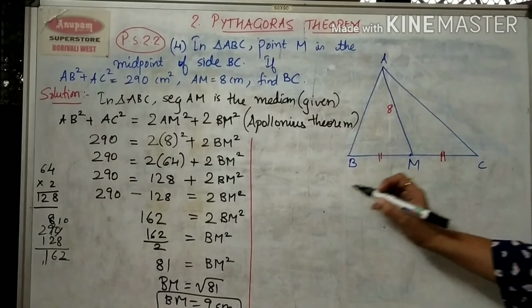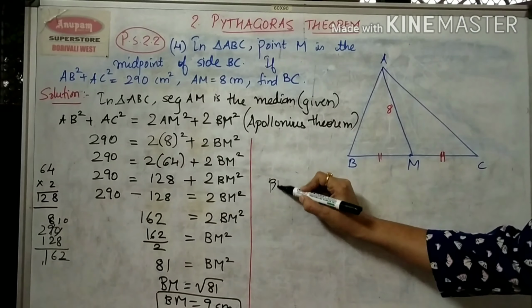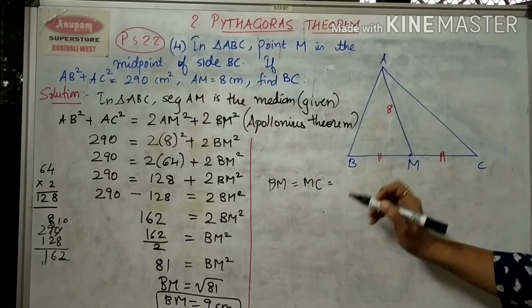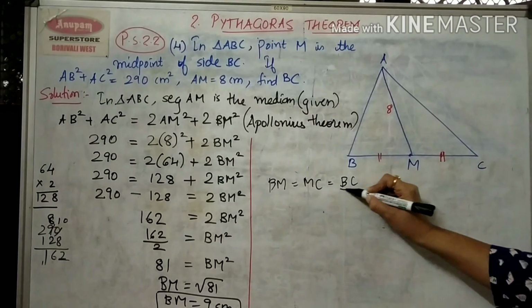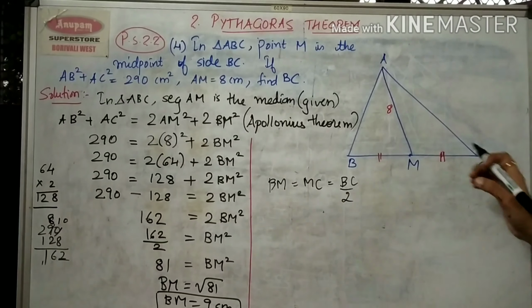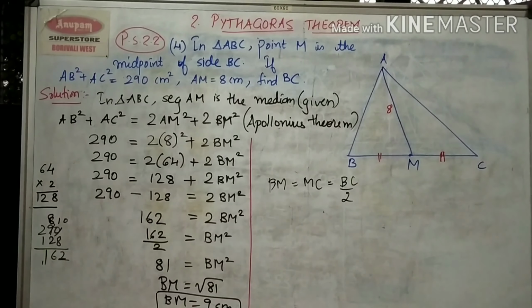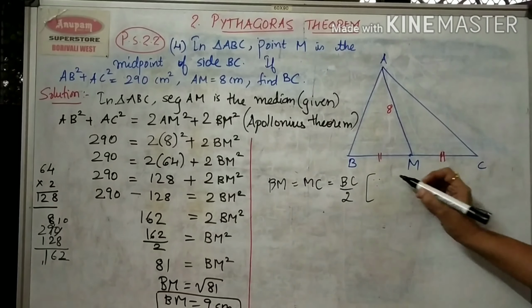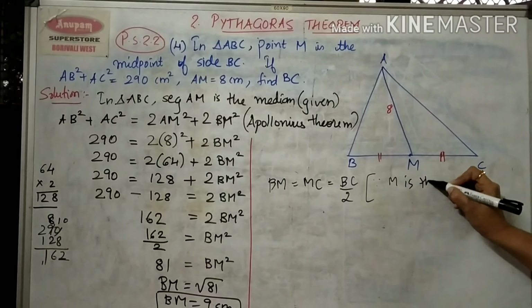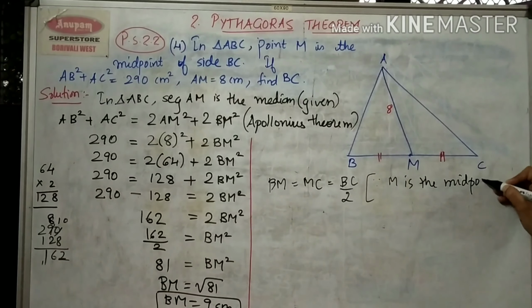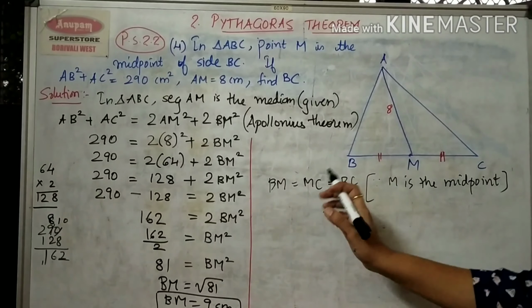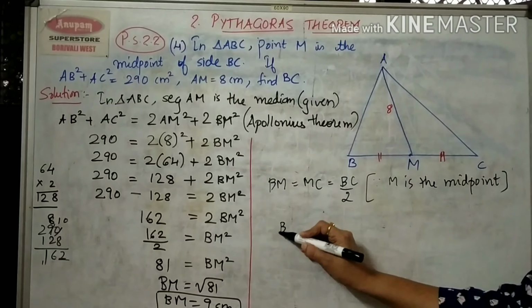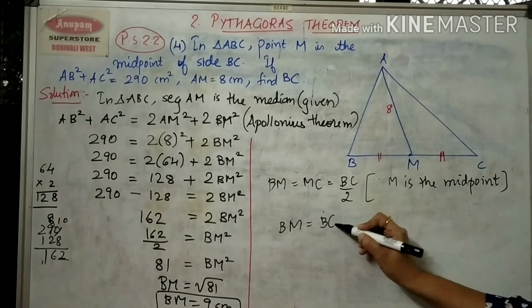Now, I will say BM is equal to MC, and that is equal to BC upon 2. Can I say that? BM is equal to MC, and that is equal to BC upon 2. BC upon 2 means it is half of BC. We need to give a reason here, since M is the midpoint, which is given to us in the question. So BM is equal to BC upon 2.